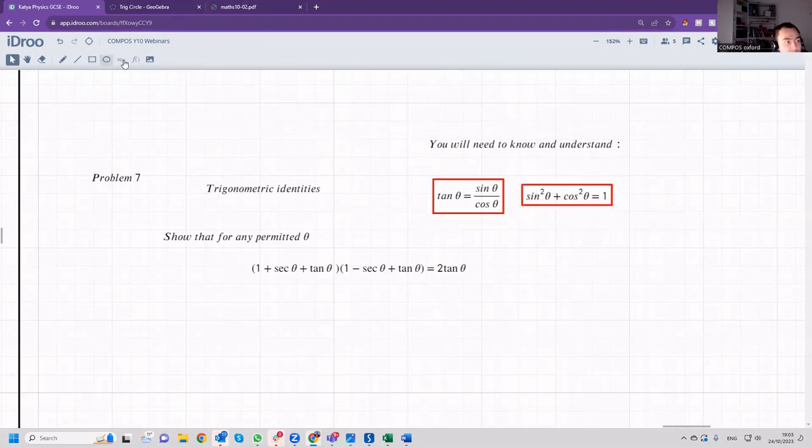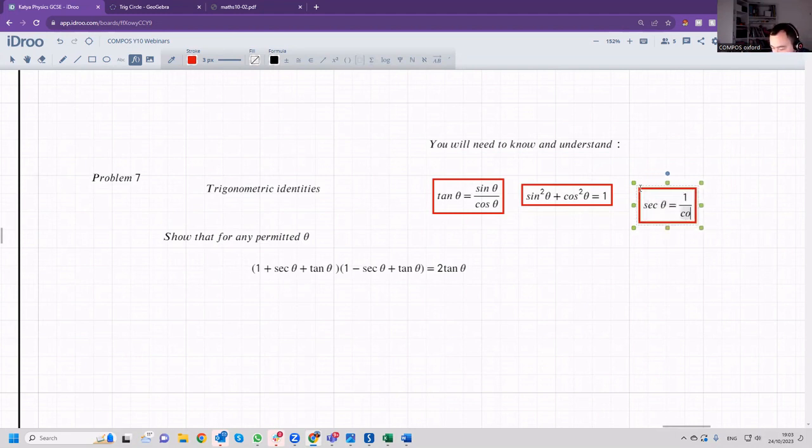You will need to know that sec theta is 1 over cos theta. And cosec theta is 1 over sine theta.